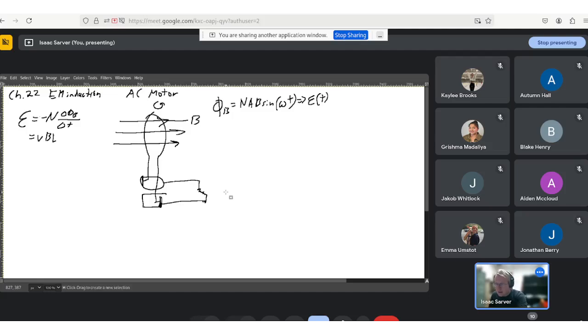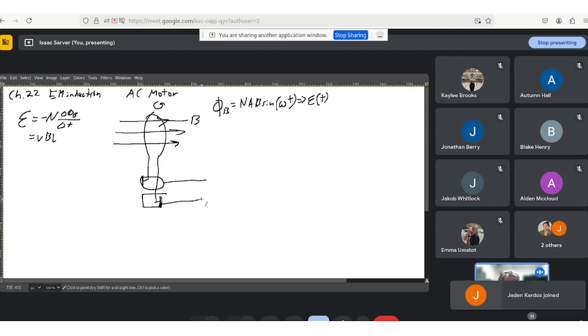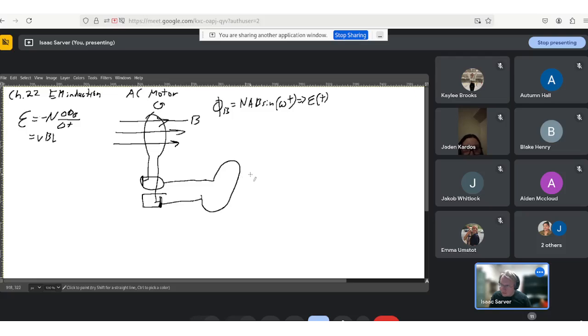So, what if on the other end of my AC motor, instead of just a simple resistive load, I had the exact opposite of this, where I have a loop of wire that is rotating in its own magnetic field?